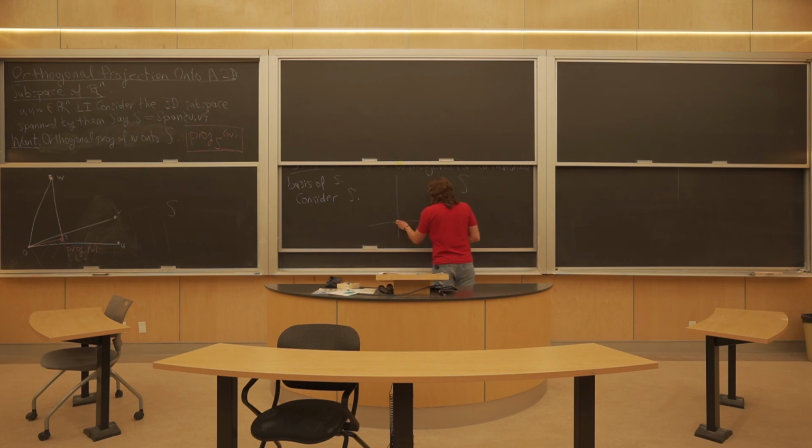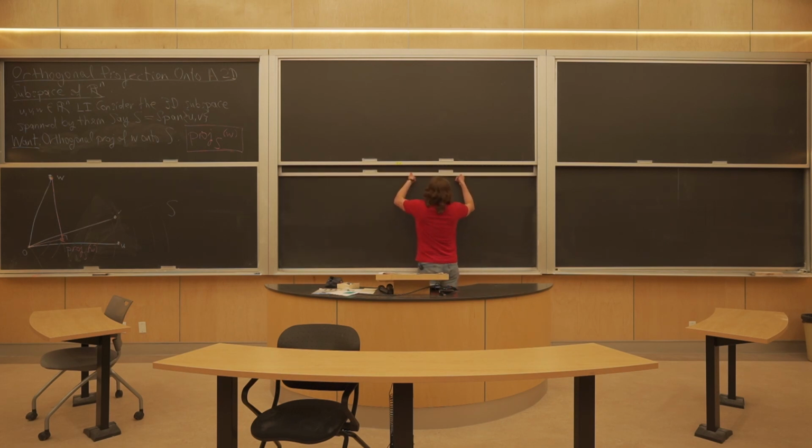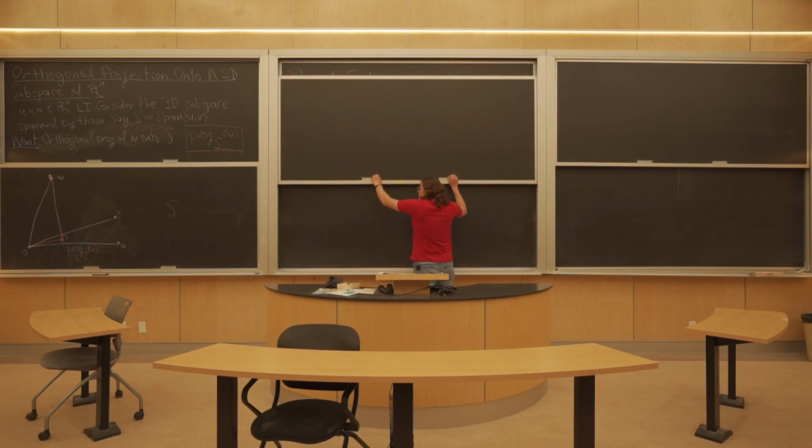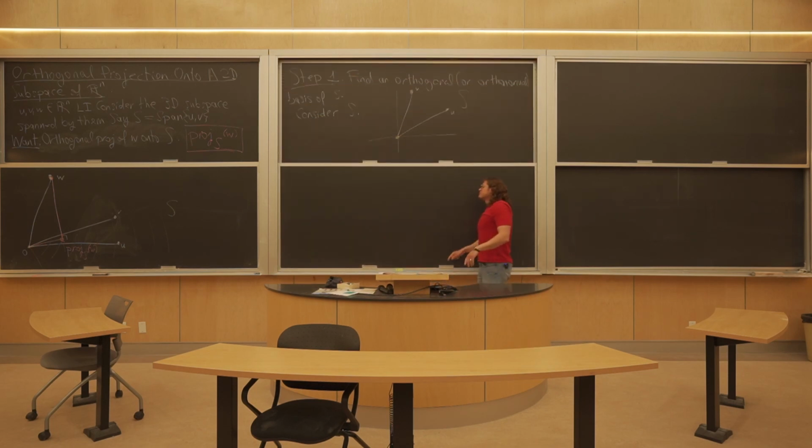And somewhere here is u, and somewhere there is v. This angle, I don't know what it is, but certainly I can apply this orthogonal projection business to come up with an orthogonal basis for S. So take first u. You know that u is not the zero vector. So I'm saying in my basis, my first vector is going to be u.